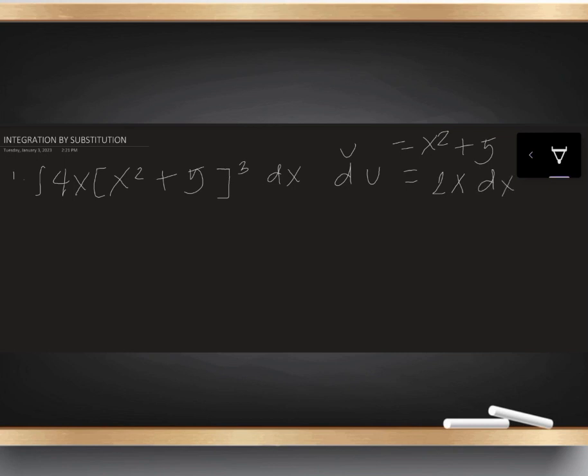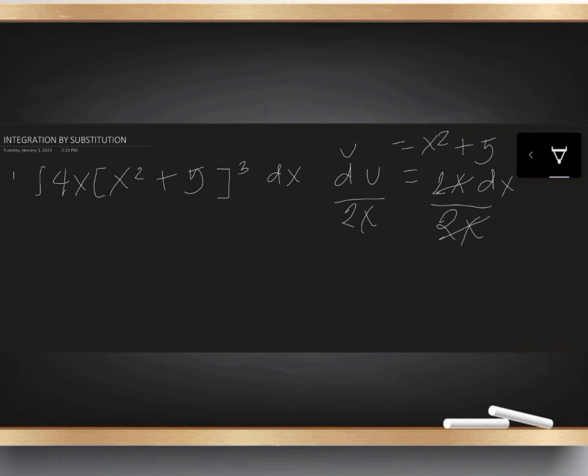Our next step is to equate du to 2x dx. What we have to do is divide 2x on both sides, so du over 2x is equal to dx.